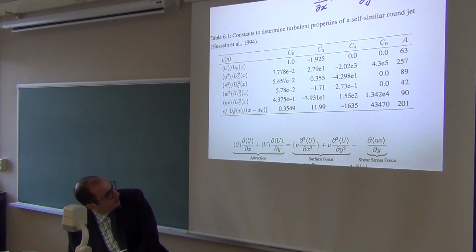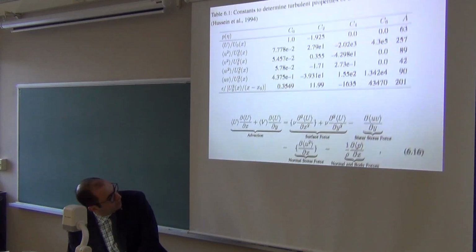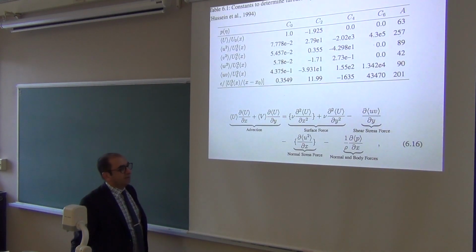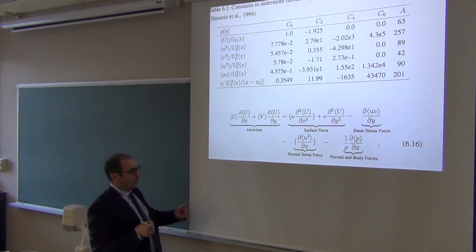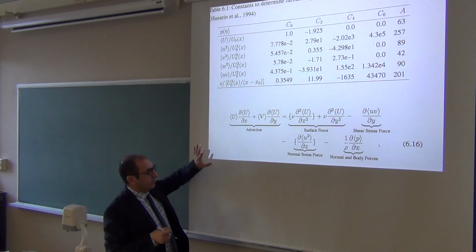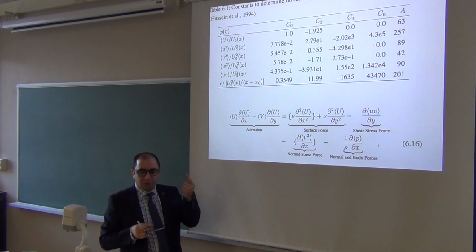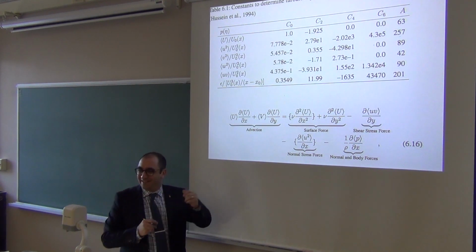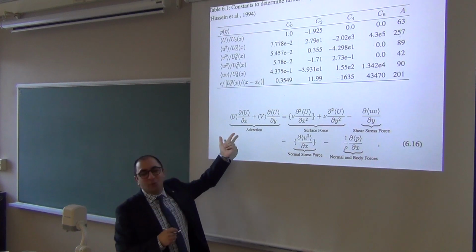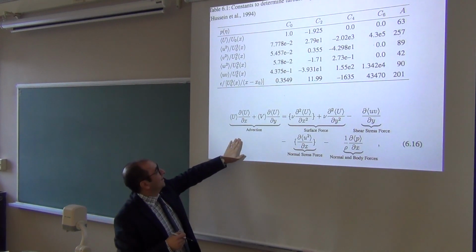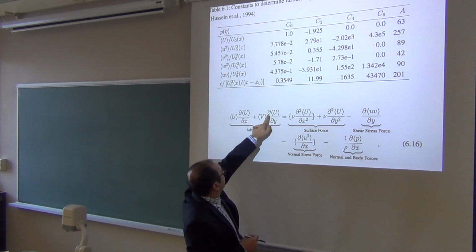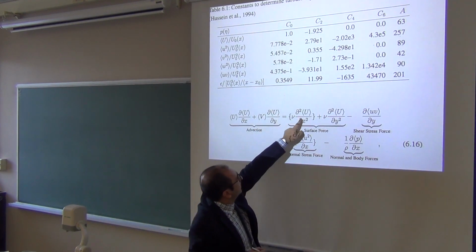So here are the equations. Let me show you the equation for the u component of velocity. So the transport equation is being written for u. That's why I have u appearing here. That's the variable of interest, right?